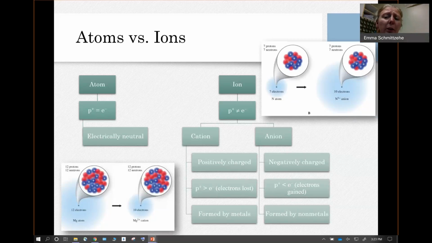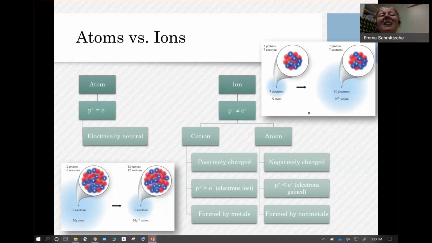Another example, if we look at a non-metal, if we have a nitrogen atom, a stable nitrogen atom has 7 protons, 7 neutrons, and 7 electrons, okay? Kind of the key here is, since it has 7 protons and 7 electrons, it overall is neutral, meaning that's an atom. But if instead it had 10 electrons with those 7 protons, then that means it isn't overall neutral.